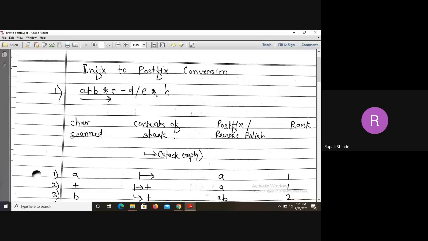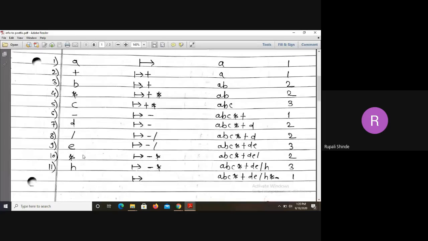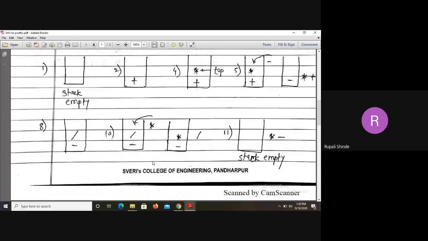Next one is star. This is an operator, that's why we have to push this onto the stack. But now check, our stack is currently containing the minus and division operators and the next incoming operator is the multiplication operator. But here the priority of both multiplication and division are the same. That's why we cannot push this multiplication operator directly onto the stack. So what is required?